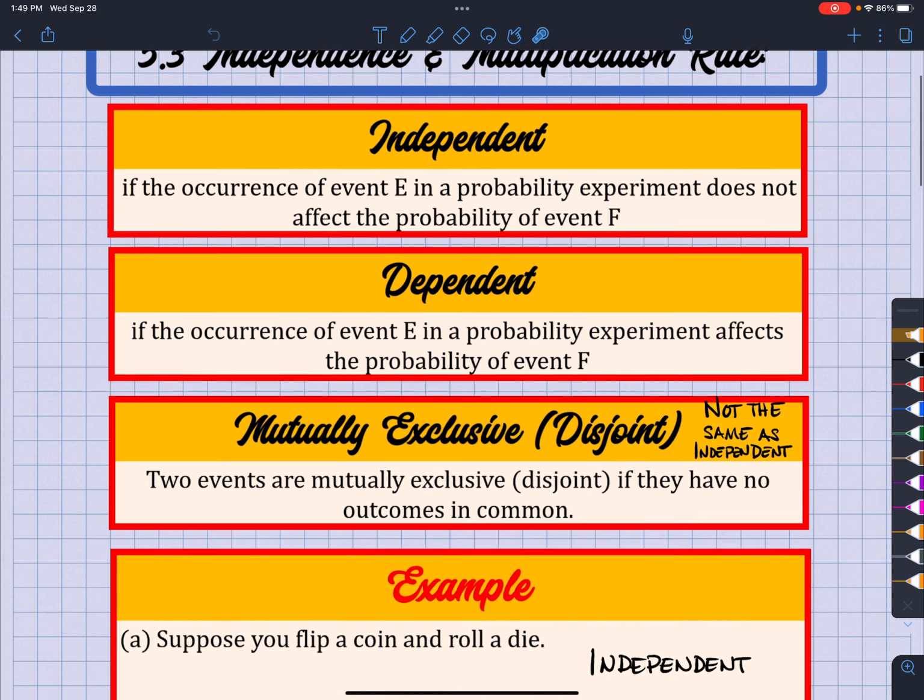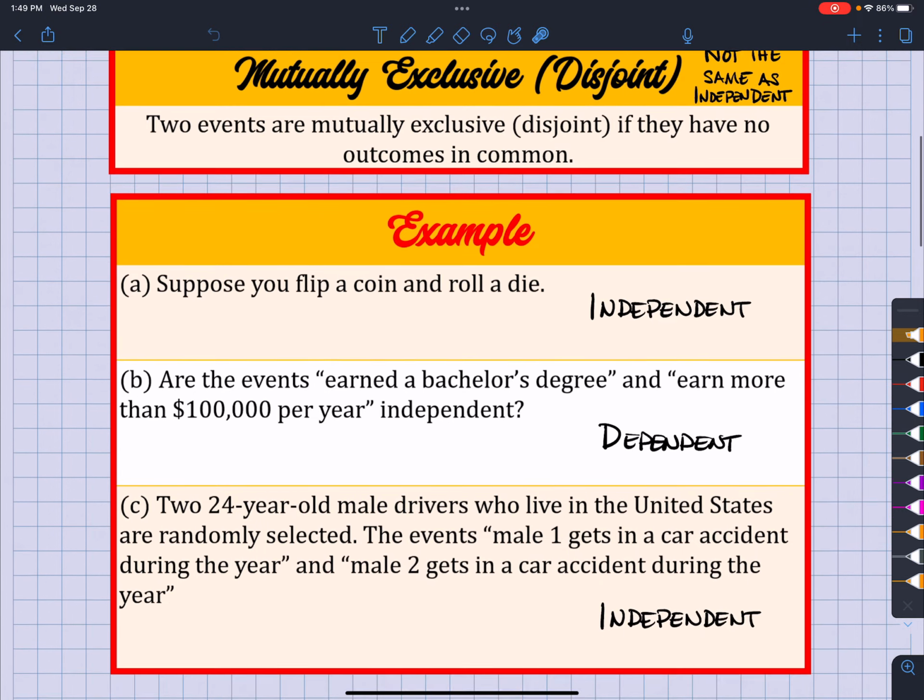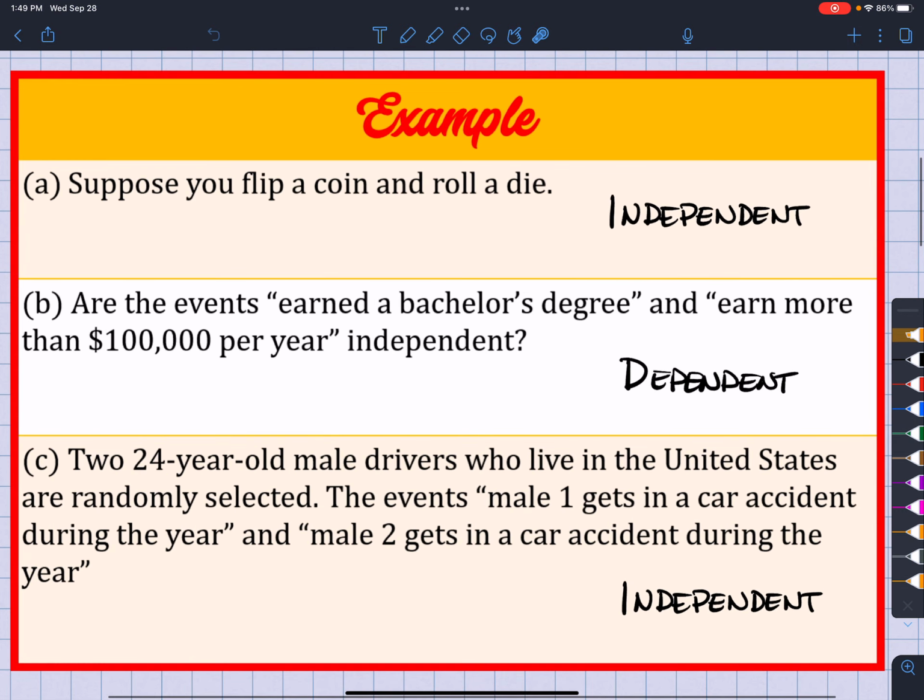So let's go ahead and take an example. Here I showed you what would be considered independent versus dependent. Suppose you flip a coin and roll a die. Flipping a head doesn't mean you're going to roll an even number, so those two would be independent.